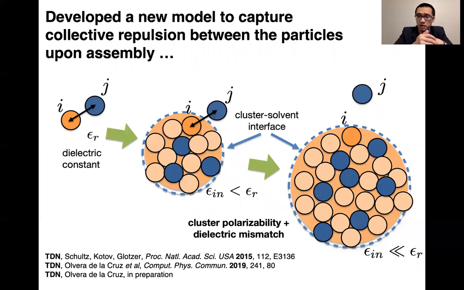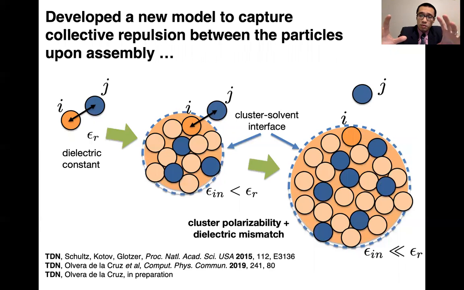So how can we understand or rationalize this within this DLVO framework? I go back to the original assembly process and observe that when the particles start to clump together and form clusters, we see an emergence of an interface between the cluster and the solvent around it.